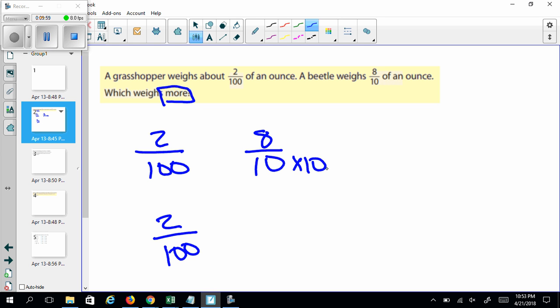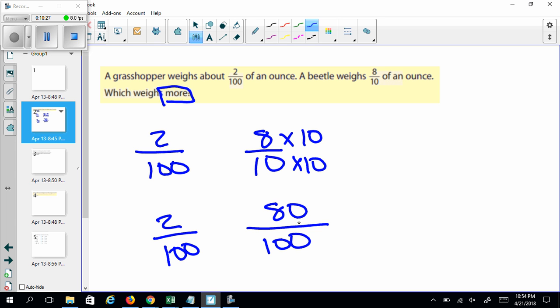Now, what we do to the denominator, we must also do to the numerator. So I'm going to also multiply my numerator by 10. So 10 times 10, we know is 100. So that gives me a denominator that is the same. And then 8 times 10 is 80. So now that our denominators are the same, I just look at my numerators and find the bigger number, which, hello, 80 is much bigger than 2.